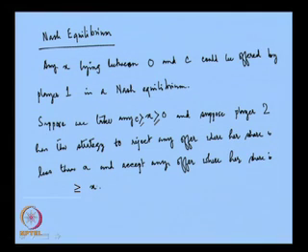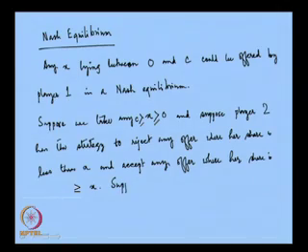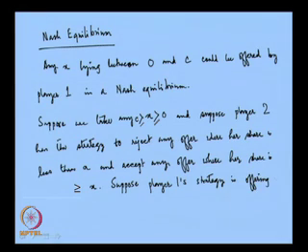Suppose this is the strategy of player 2. Now, if this is the strategy of player 2, and player 1's strategy is offering x, then this is a Nash equilibrium, this combination of strategies of player 1 and player 2.